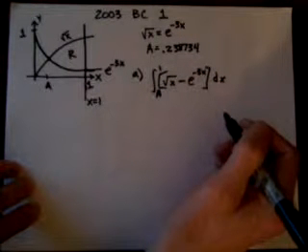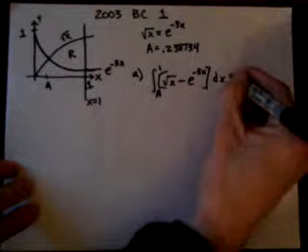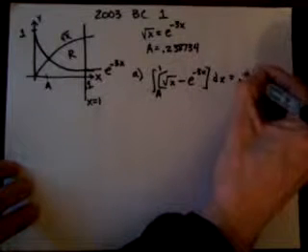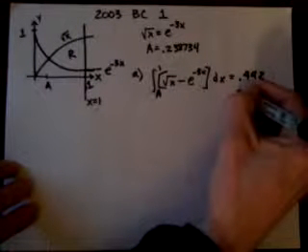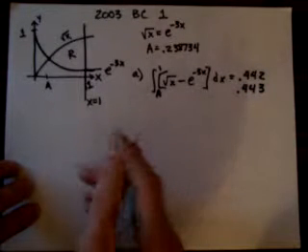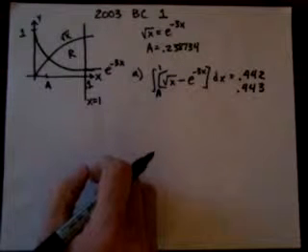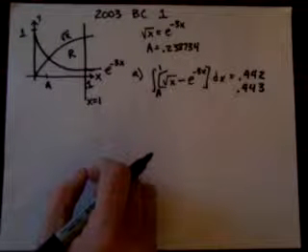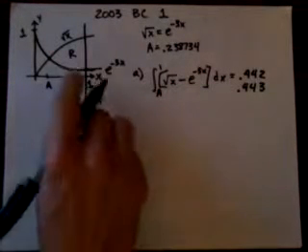Again, this is a calculator problem, so you plug this into your calculator and you would get 0.442 or 0.443.